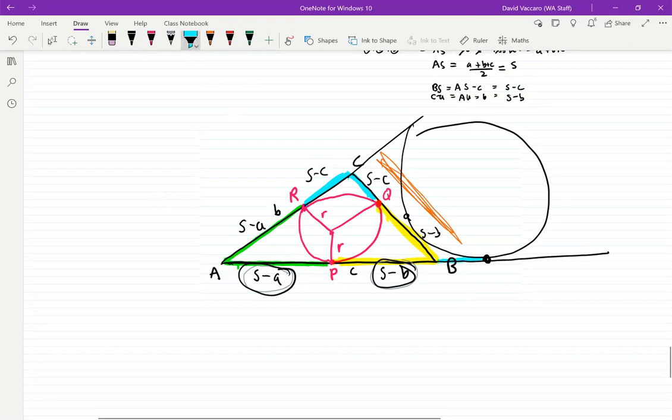So I've got an extra blue length here, or an extra yellow length here.